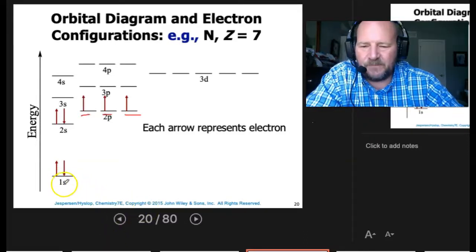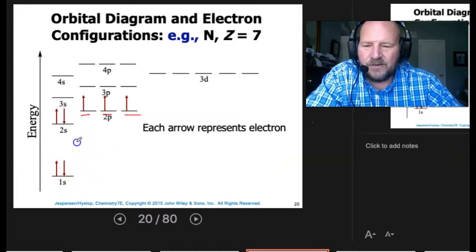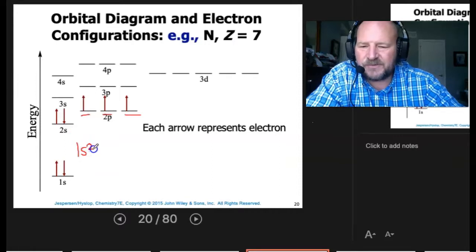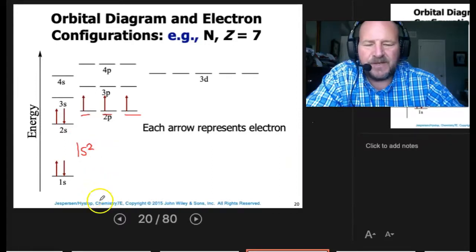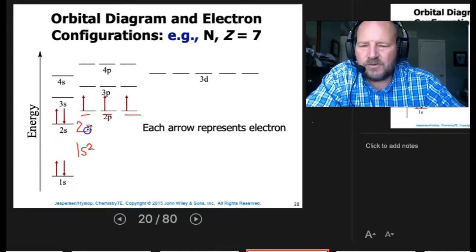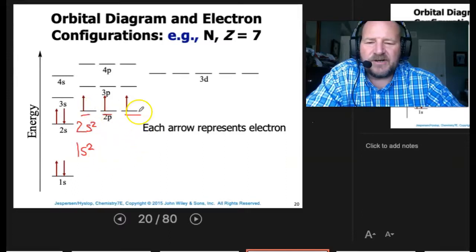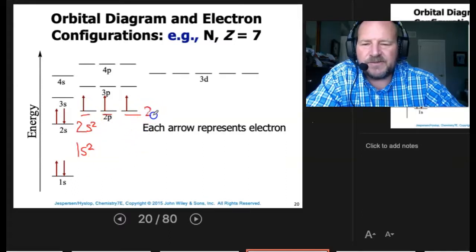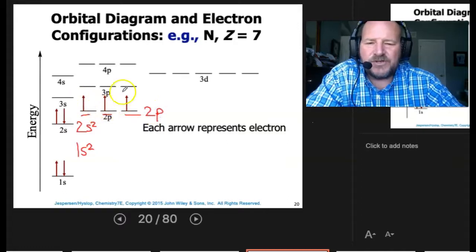Now when I go to present the electron configuration, I'm going to base it off this chart. Okay, so we're going to have 1s, and it's got 2 electrons. So we're going to note that as a superscript. Then we have the 2s, and it's got 2 electrons. Then we started filling the 2p. It's going to be 2p, but now I only have 1, 2, 3.